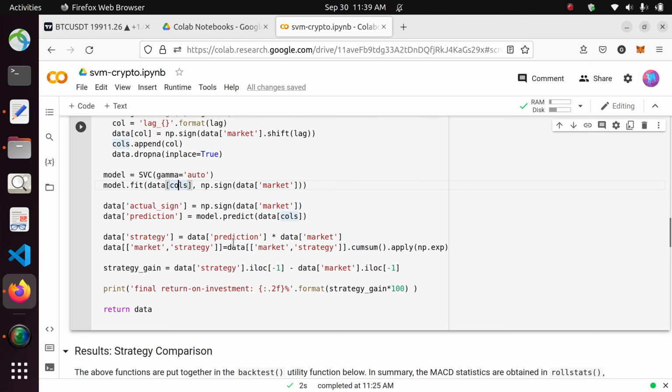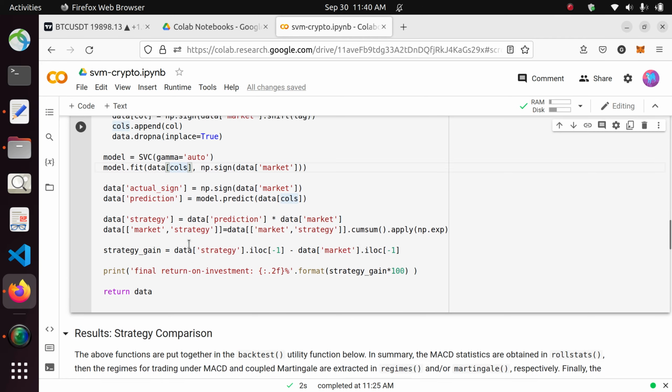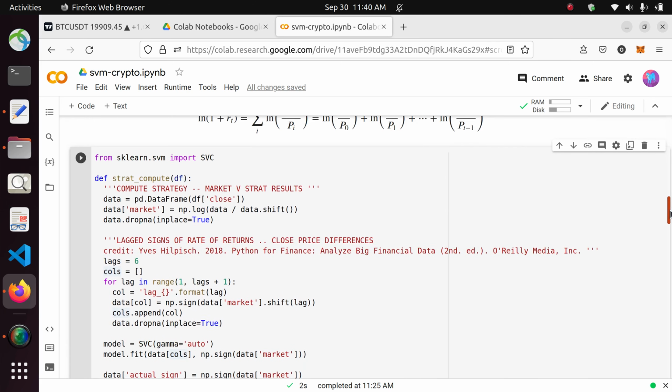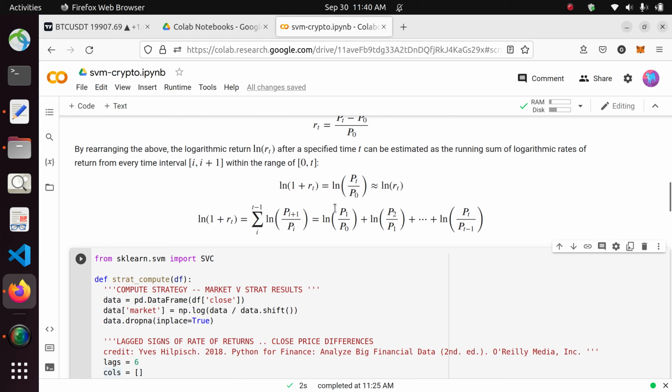Prediction. This is just to create a column that will give you the predicted sign. And in doing so, of course, we can then compute the actual market return with the data prediction. And then from that, we can obtain, by taking the cumulative sum of those, which is basically what's going on at each of these points, we're taking this one, and then this one plus this one, and so on and so forth.